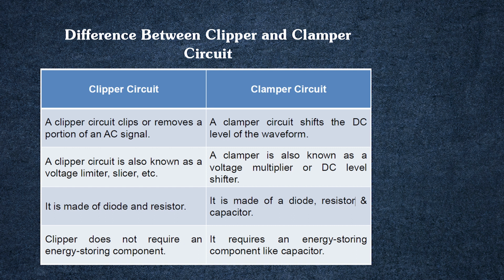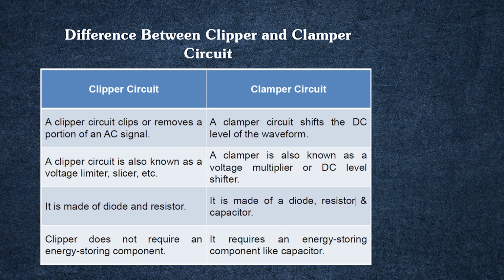So, the first basic difference is that a clipper circuit changes the shape of the waveform, or it removes or adds a part in an AC signal, whereas a clamper circuit does not affect the shape of the waveform, but it simply shifts the DC level with respect to the reference point. So, this is the basic difference between clipper circuit and clamper circuit.